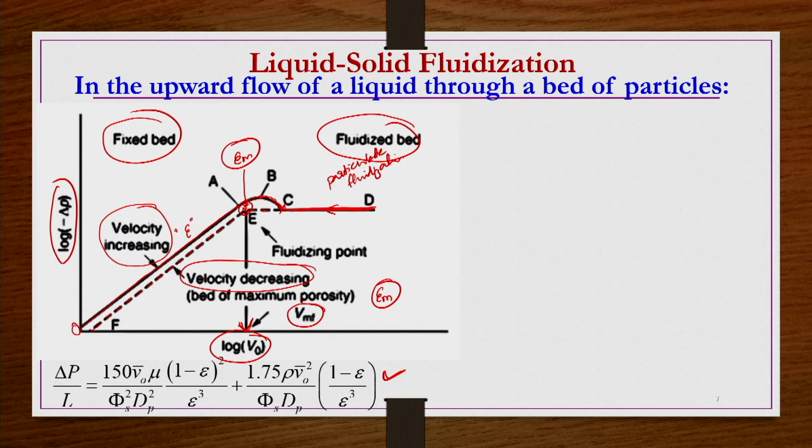This curve only it is going to follow. It is not going to trace back to the 0 A, B, C curve under any conditions once it has been fluidized, or once the initial compact packing has been disturbed, we will not be able to trace back this O, A, B, C for any flow conditions.